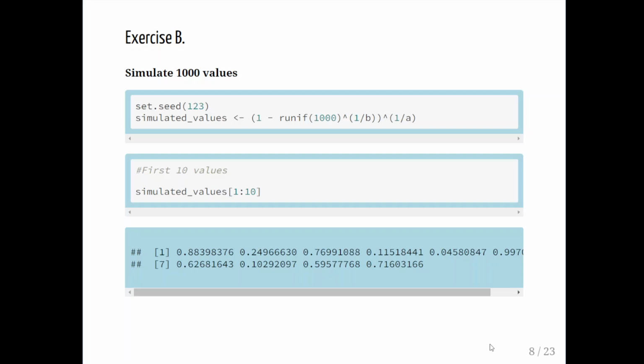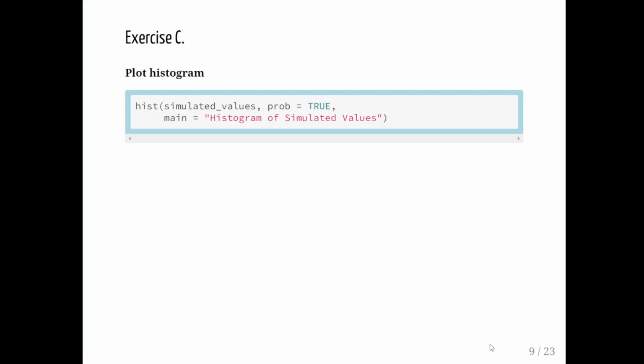Anyway, let's have a look at them. Simulated values, I just picked out 10 of them: 0.88, 0.249, 0.7699, etc. There should be 1000 of them altogether. And let's plot a little histogram of that, just to see what it looks like.